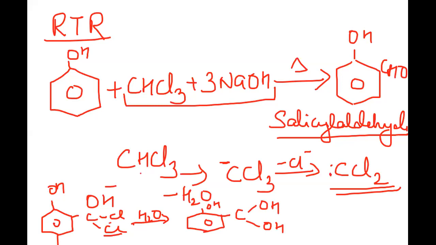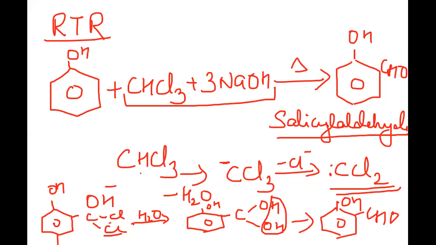Then this is going to lose a water molecule, and what you are going to get is a phenol group with OH and a CHO. This is how the reaction proceeds. There is also going to be a rearrangement here.